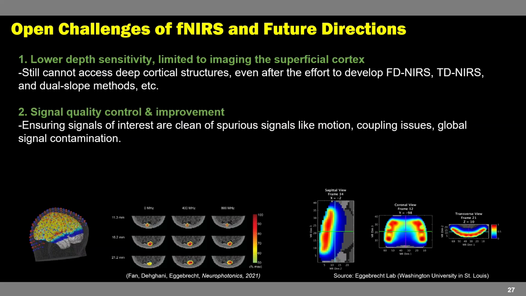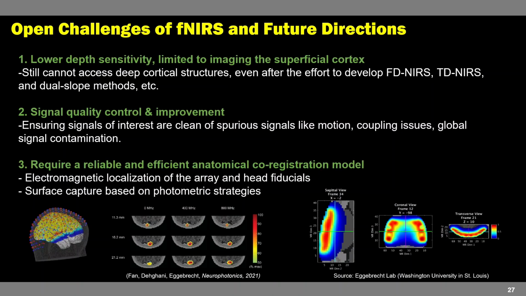Also, signal-to-noise ratio is always a headache problem, so we should still work on it in this field. And the other one is head modeling. Normally, we just borrow a general model. How to customize that for each participant, for each subject, is also a very cool topic.